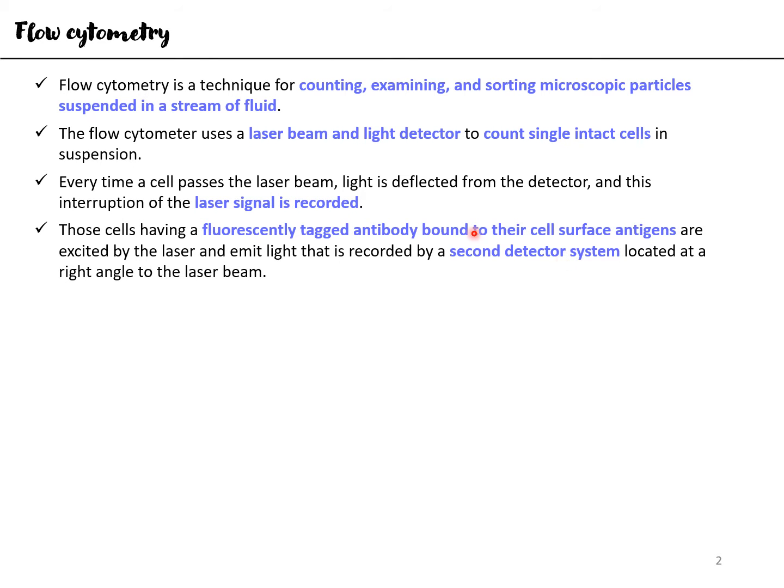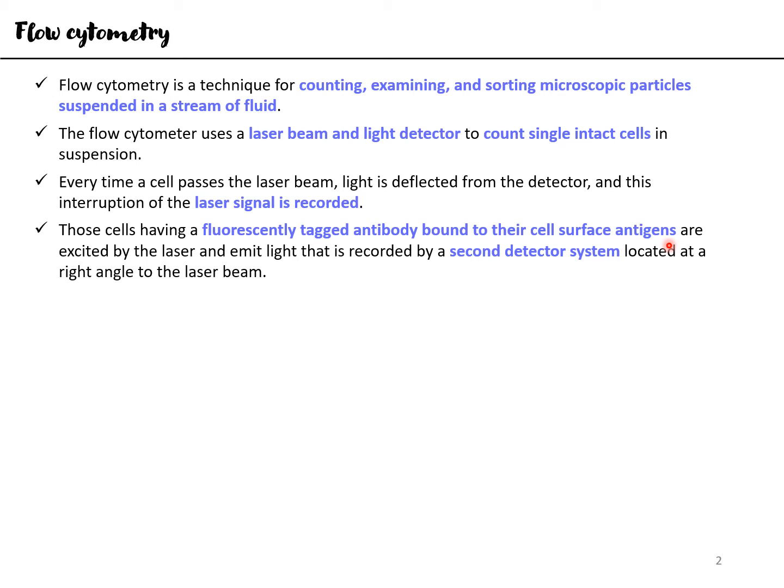Those cells which have a fluorescently tagged antibody bound to their cell surface antigens. So this is where immunofluorescence comes in. You will have specific antibodies coupled to specific fluorophores, and these antibodies would be for specific cell surface proteins.